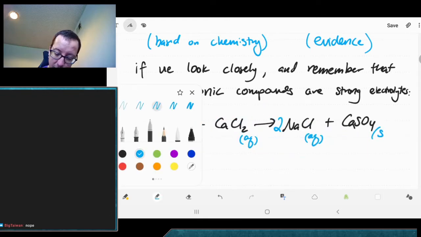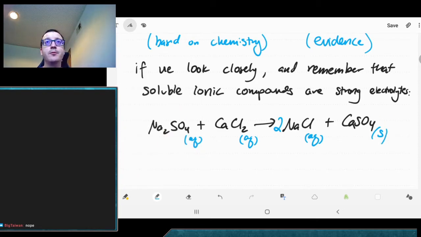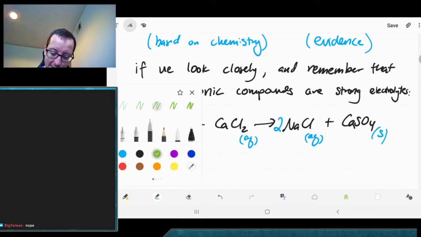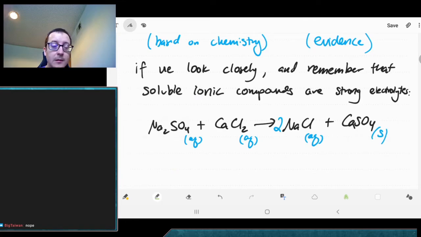If we want to look at what's really happening in this reaction, we can look at things a little bit more closely. Remember that if it's a strong electrolyte, a soluble ionic compound, it actually doesn't look like sodium sulfate in solution. Remember that these will actually split apart once you dissolve them.